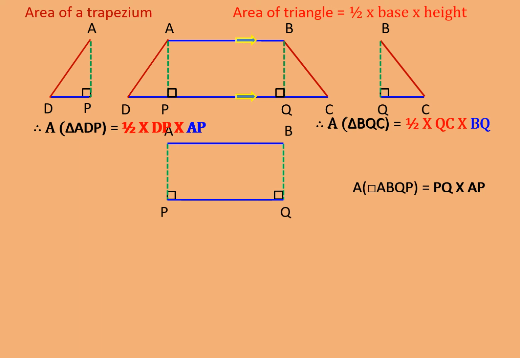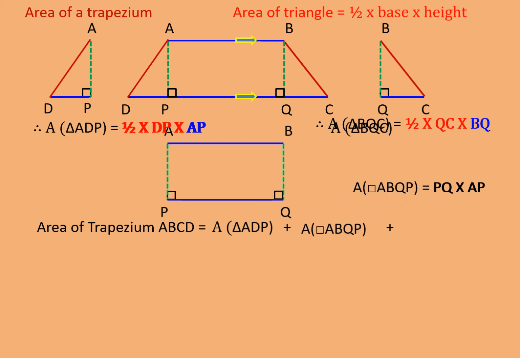Now, as you know, these three figures are detached forms of the area of trapezium ABCD. Therefore, we will get this step. Area of trapezium ABCD equals area of triangle ADP plus area of rectangle ABQP plus area of triangle BQC.